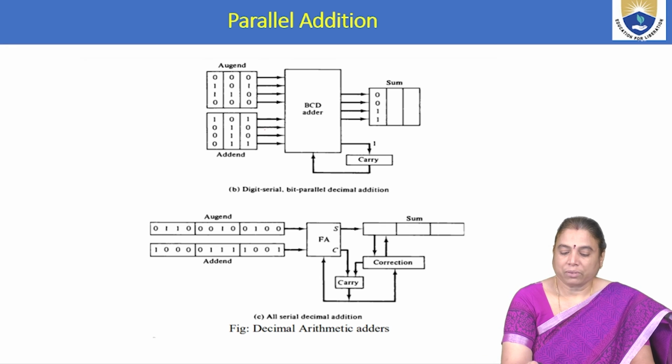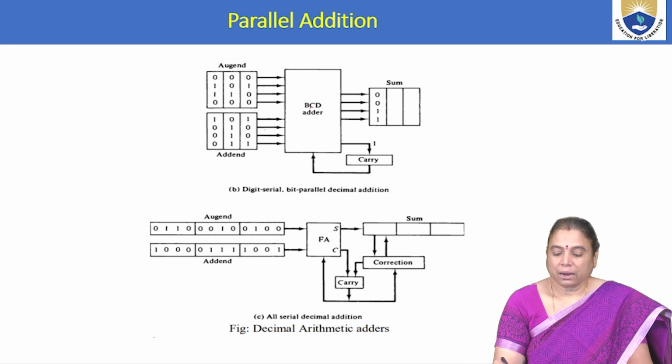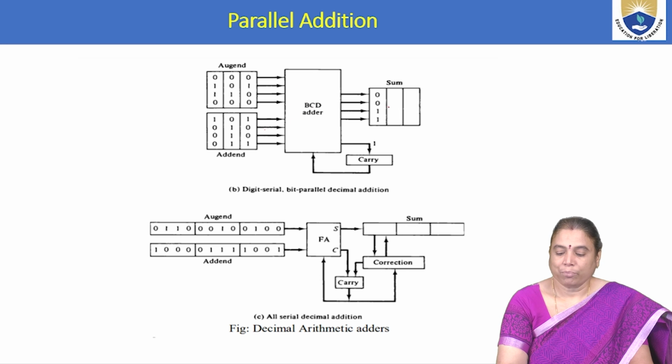So digits are supplied serially, bit parallel decimal addition is performed, and the sum is stored in the corresponding vector position. Next, another way is all serial decimal addition. The augend register values are taken to a full adder, the sum is stored in the sum vector, and the carry is fed forward with a correction.